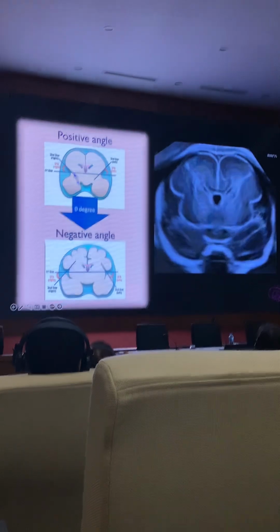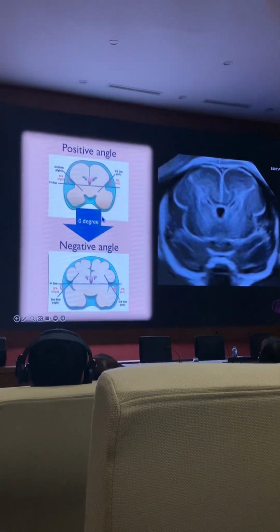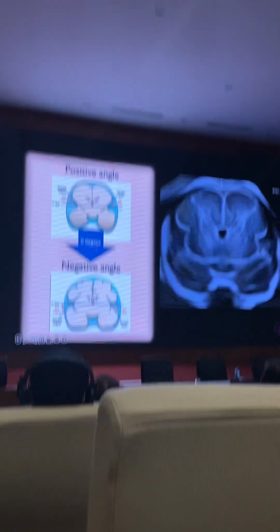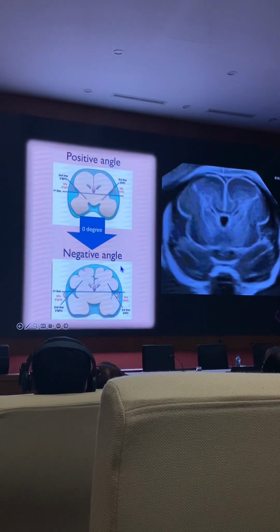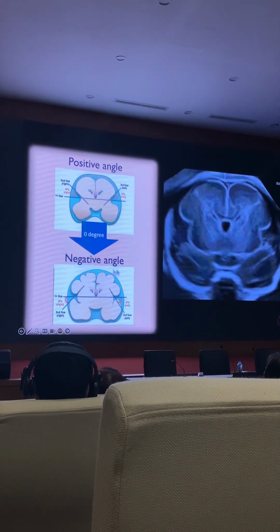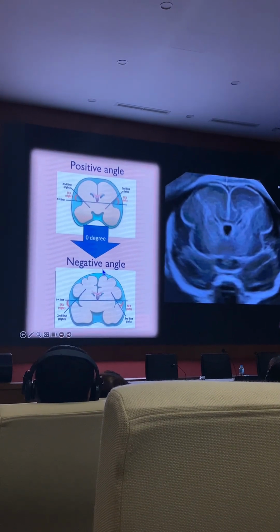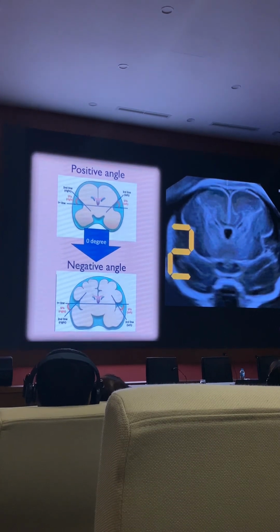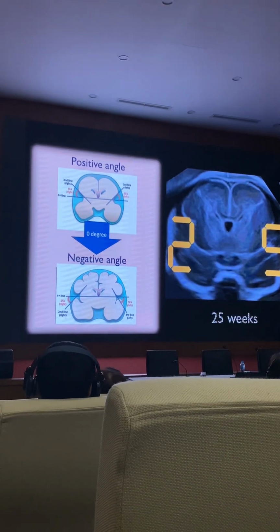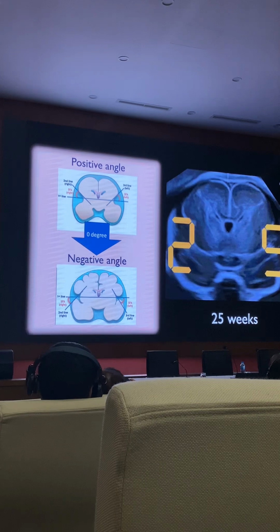There is a cutting point of the 0 degree from positive to negative angle of the Sylvian fissure angle. There is a 25 weeks. And here you can see the 25, and that is very easily understood.